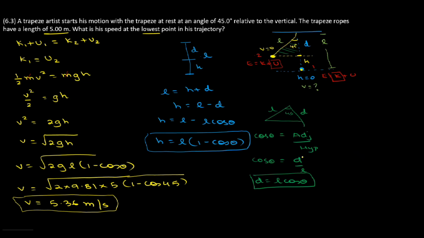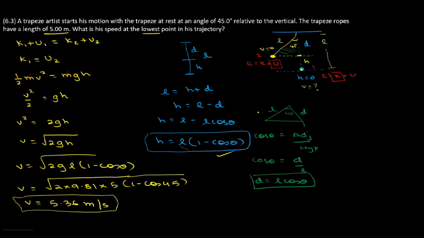Now, whenever you have a problem with a rope, a pendulum, a string, or a swing, and you are finding velocity at different positions using that rope or string, we will generally have to find the height h. And that height h will always be given by this expression, no matter what the angle theta. Sometimes in the question, they can give you multiple positions with different angles.